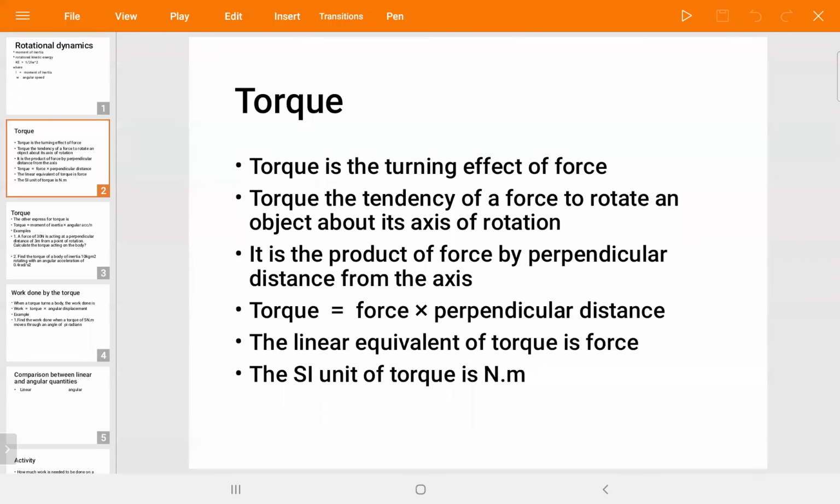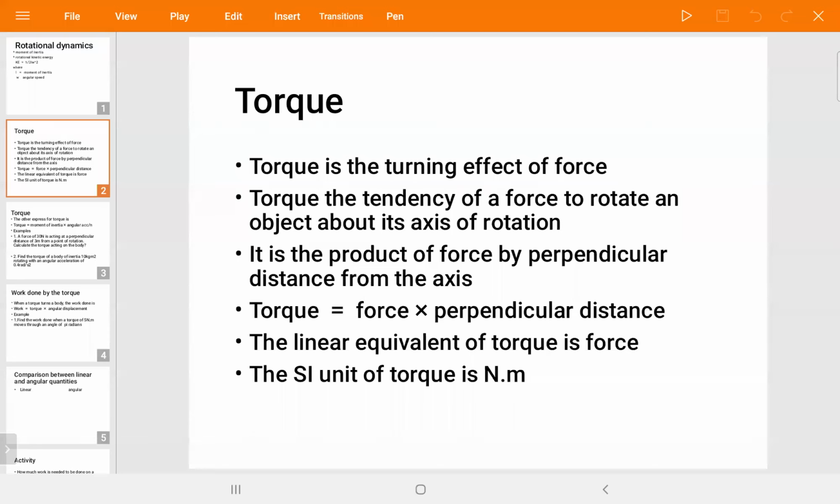This distance from the line of application of a force up to the pivot point or turning point is a perpendicular distance, and we have a non-zero force applied on an object. The product of force and the perpendicular distance, sometimes called the lever arm, gives a torque.